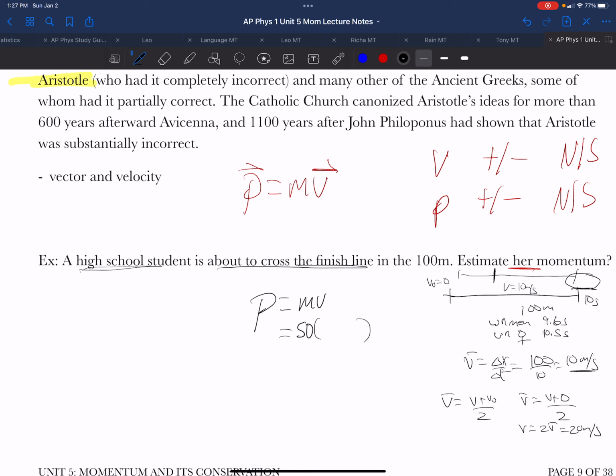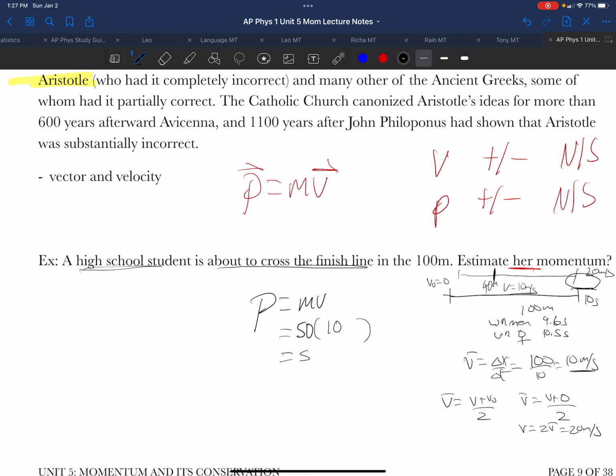Most 100-meter runners only accelerate for about the first 40 meters or so. But all of this being said, we know that 20 meters per second would be too fast. 10 meters per second as an average speed would probably be too fast.